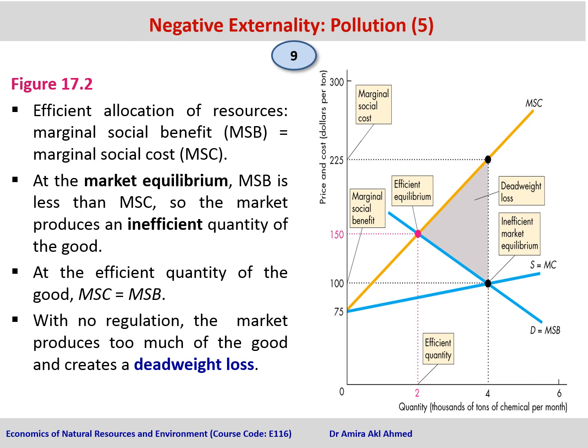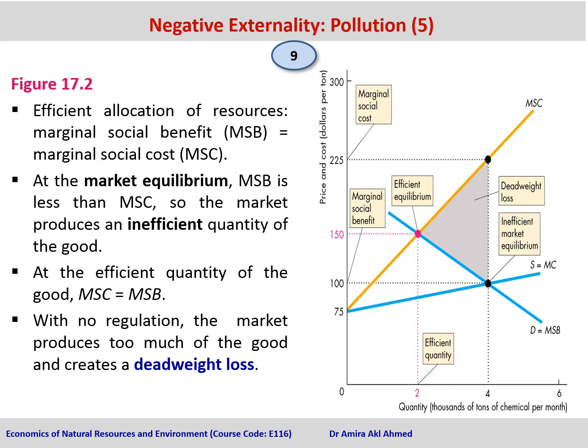In figure 17.2, the line labeled D represents the demand curve for a pollution-creating chemical. This demand curve also measures the marginal social benefit from the chemical. Note that the marginal social benefit is abbreviated as MSB.